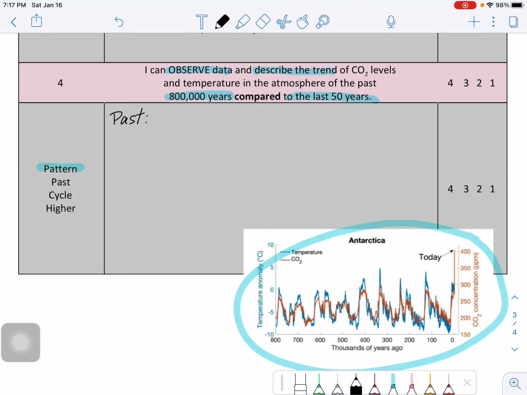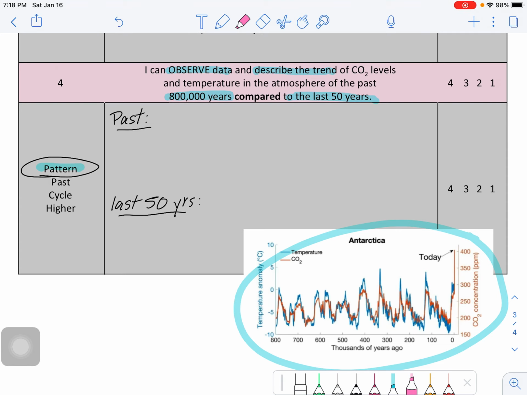Past and like current or the last 50 years. You know, 50 years is of course a long time, but when we're talking about 800,000 years of data, 50 years is pretty short. Okay, so we want to look at the pattern and make sure we describe that line.